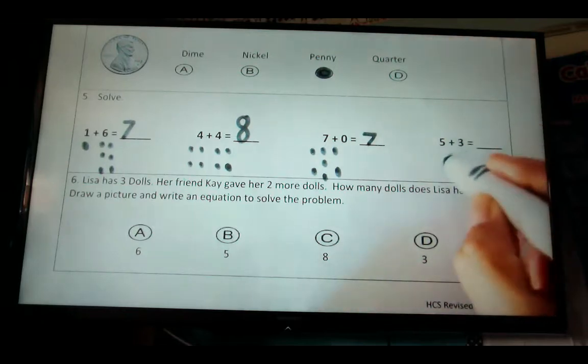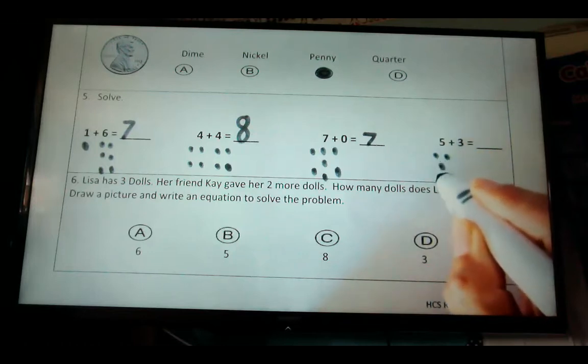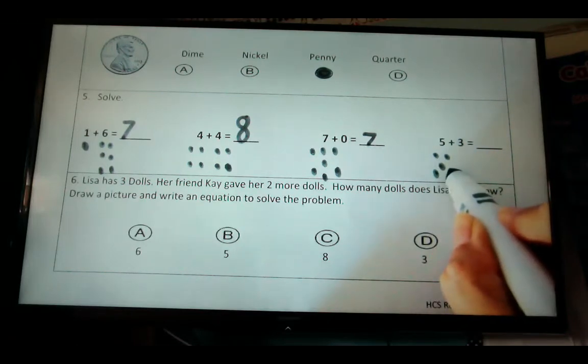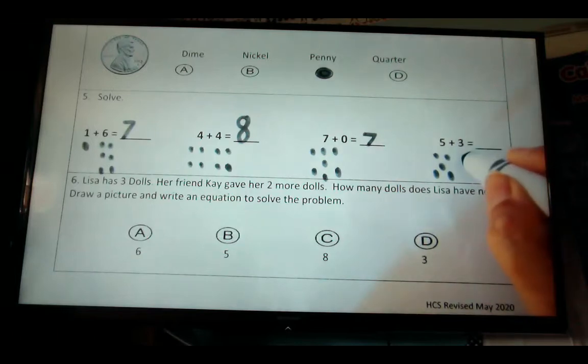Help me count. 1, 2, 3, 4, 5. What should we do next? That's right. We should draw 3 dots next, because this number tells us we need to add 3 more. Help me count. 1, 2, 3.